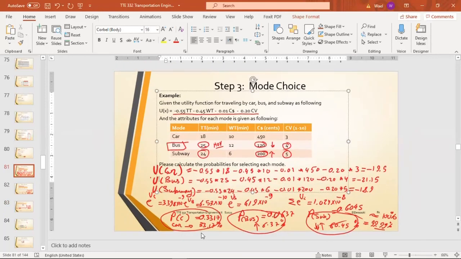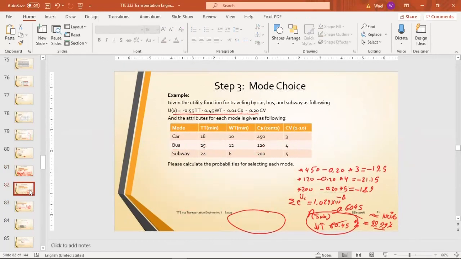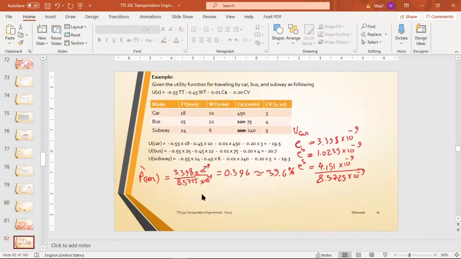It was 33. Now it's 39, because when we increased the cost here, some of the travelers went here and some will go here, as you can see.